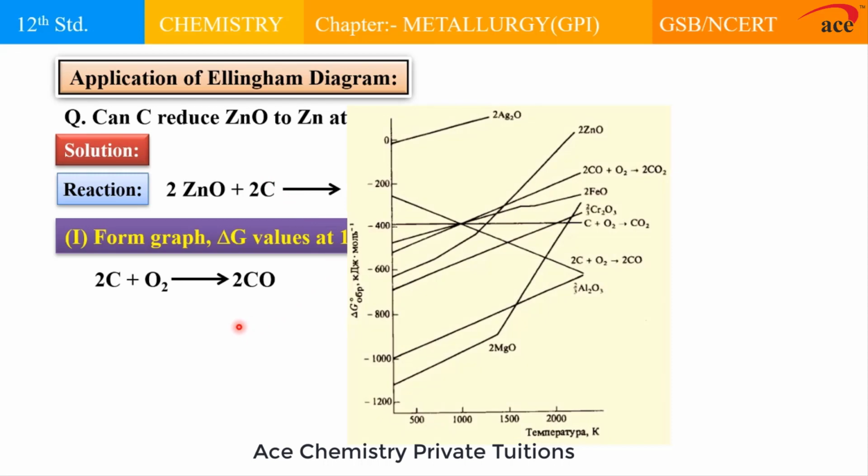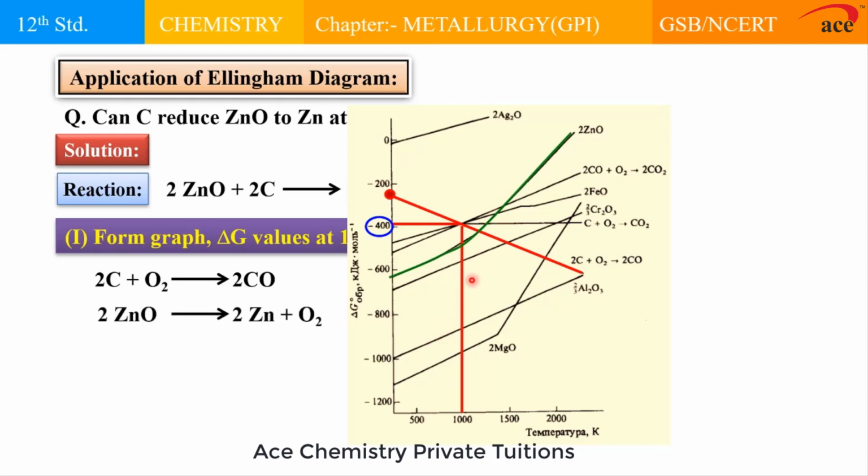Student, if you check this graph, delta G naught is plotted against temperature, and they have mentioned 1000 Kelvin. At 1000 Kelvin, if you check the formation of CO from C, the value of delta G naught is minus 400 kilojoule per mole. And let's say this is the plot of formation of ZnO.